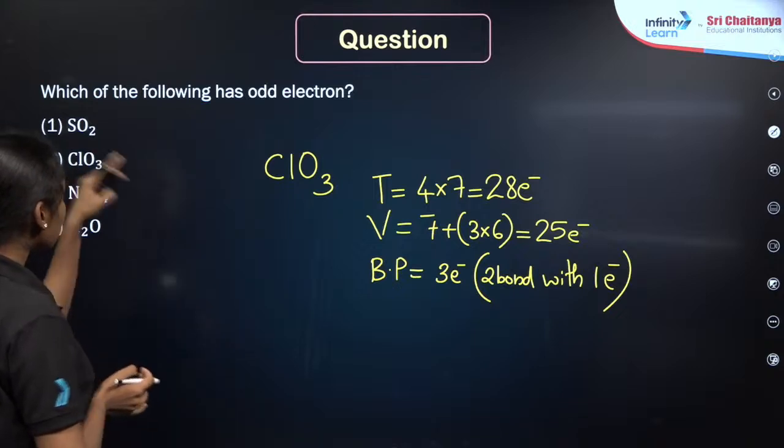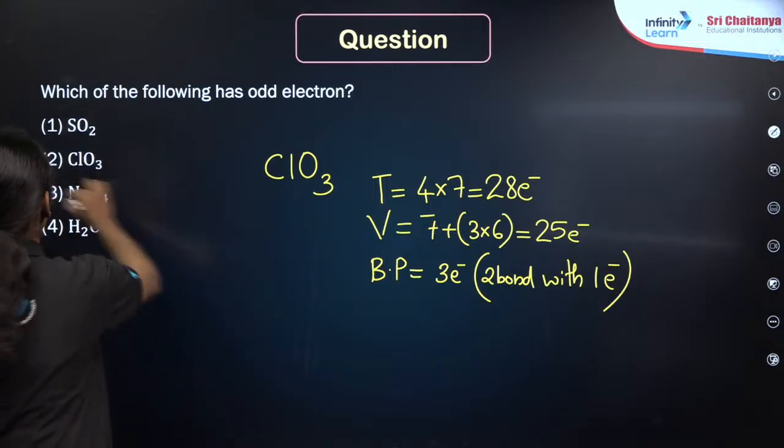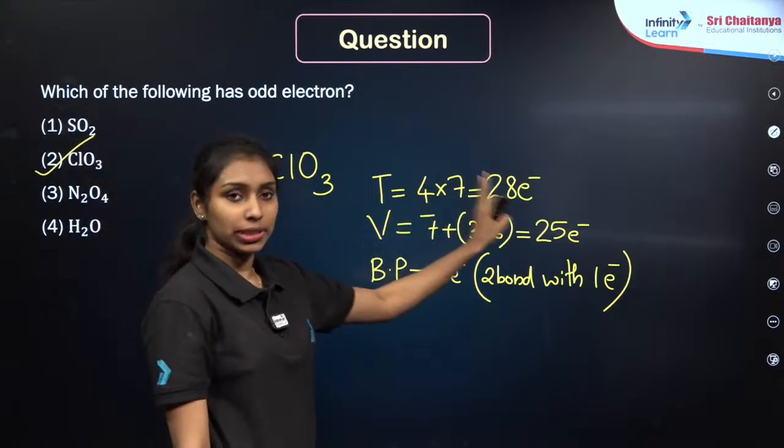By calculating the structures of these examples, you can say that only option 2, ClO3, possesses an odd electron. While calculating the total number of electrons, you will get 28 electrons.